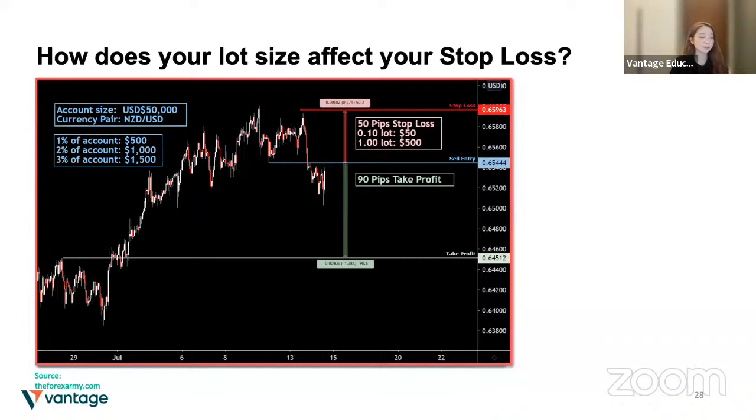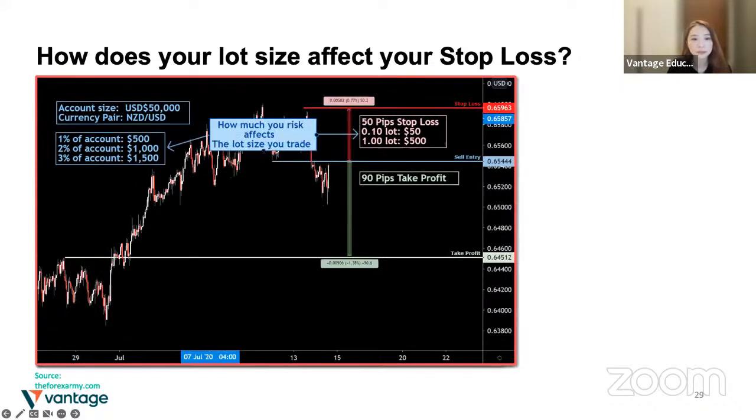In this case, 50 pips seems okay, because with 50 pips, 1 lot will only risk 1% of the account. Typically, based on theory, 2% is the best thing to risk per trade. So 50 pips stop loss looks perfectly fine and 1 lot size looks okay. However, if you are determined to go to 2 lots, or even 3 lots, obviously 50 pips is not going to cut it, because 3 lots will reach 3% of our account at 50 pips.